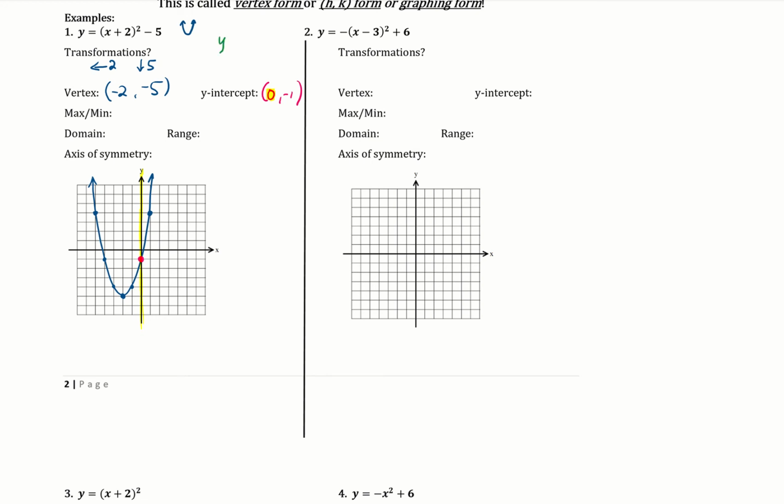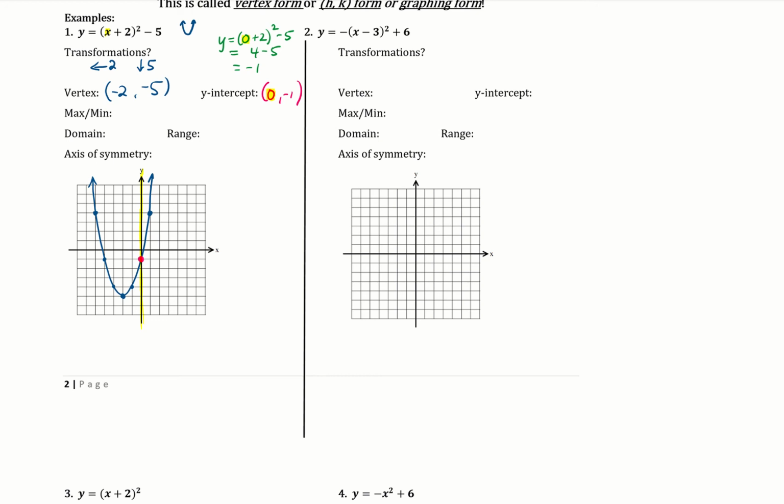So this would become y = (0 + 2)^2 - 5. All I did is plug in 0 for x. If you simplify this, 0 plus 2 is 2, 2 squared is 4, and then 4 minus 5 is -1. So that's another way you could find the y-intercept if you're not able to identify it from the graph.